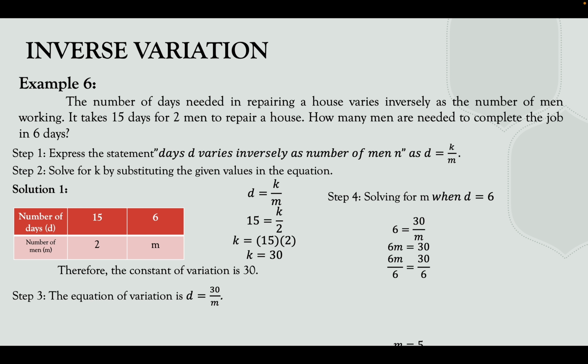Divide both sides by 6, and you will get M equals 5. That means in accomplishing the house in 6 days, we need 5 men. There are 5 men needed to complete the job in 6 days.